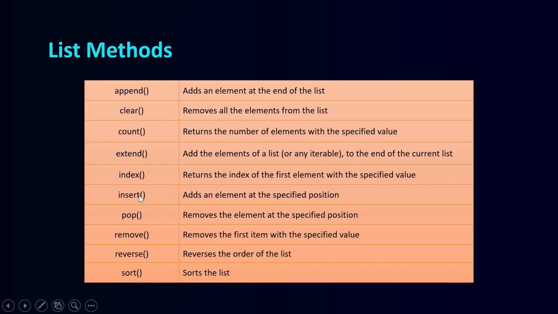And then we have insert, which adds an element at a certain position. Then we have pop, which removes the element. And then we have remove, which just finds the element and removes it. Then we have reverse, which reverses the order of a list.